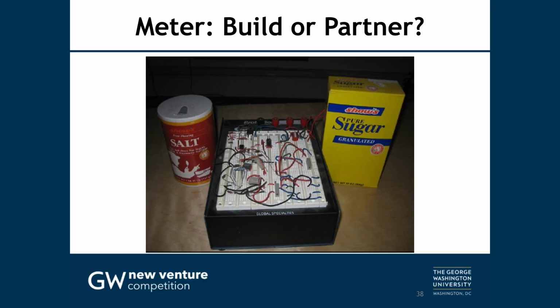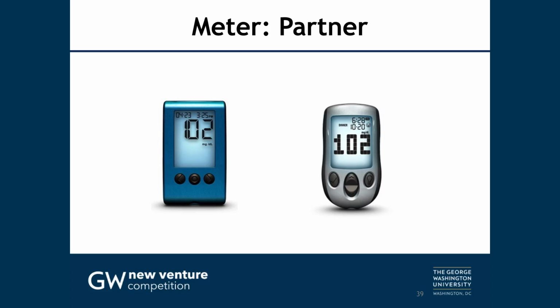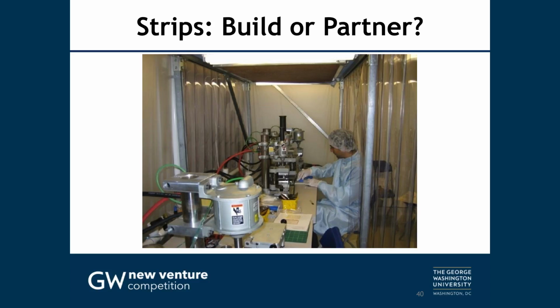We decided this was not a core or critical resource or activity for the company, and we could partner with an outside partner because it wasn't going to get us to market faster by building it ourselves. In fact, it would make us go slower because it would have taken time to raise the money to build a new facility, et cetera. So we ended up partnering with a company in China that did contract manufacturing for electronics.